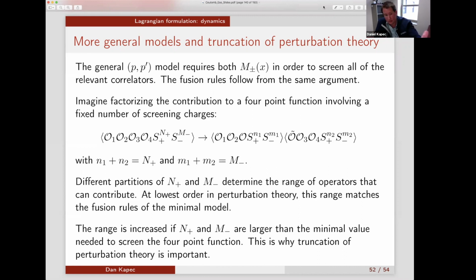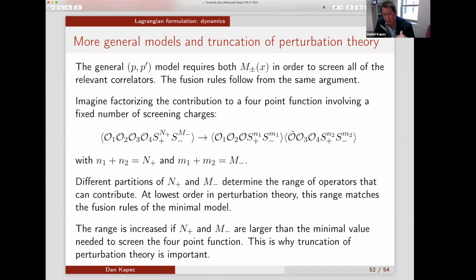And you can do the same manipulation to determine which operators can contribute through exchange. It basically amounts to finding different ways to split up the total number of screening charges into the two 3-point functions.